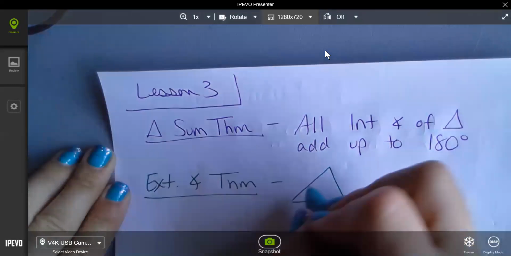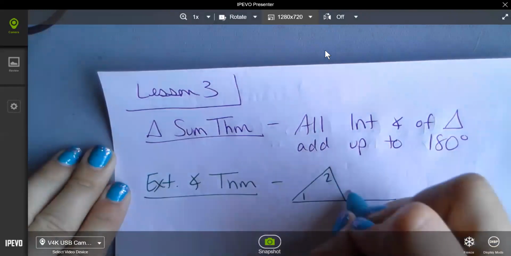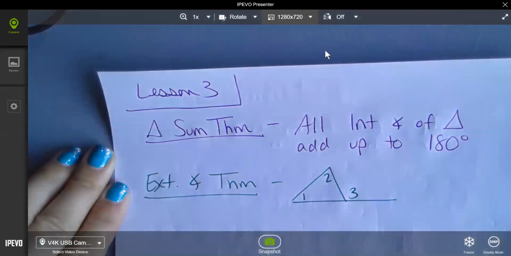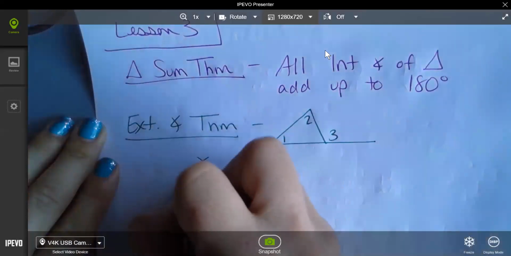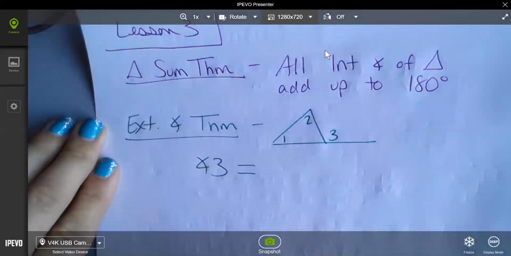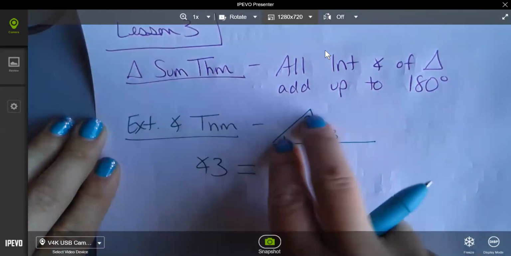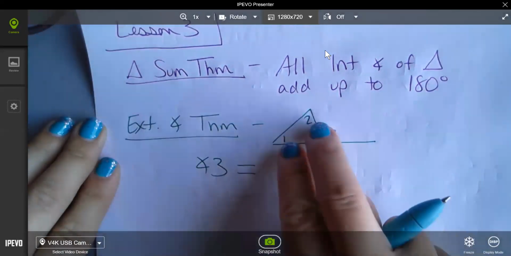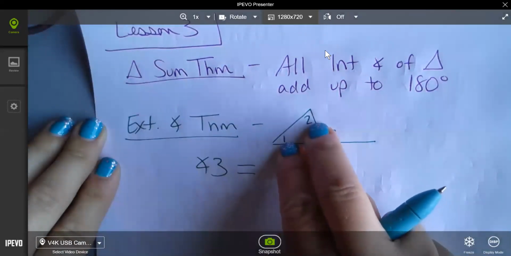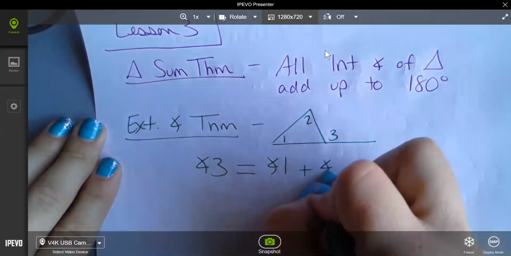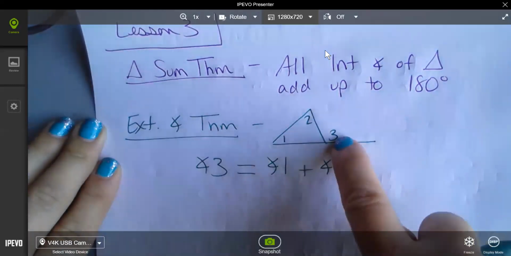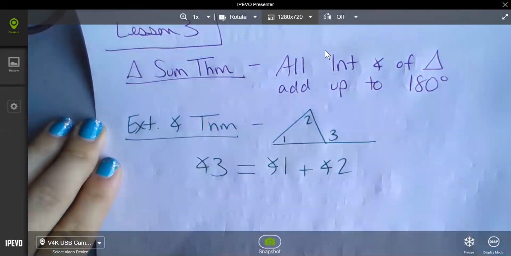So let's say I have angles 1, 2, and the exterior is 3. So the exterior angle theorem says that the exterior angle is equal to the addition of the two interior but non-adjacent angles. So I would add up angle 1 and angle 2, and that would total the same amount as my exterior angle.